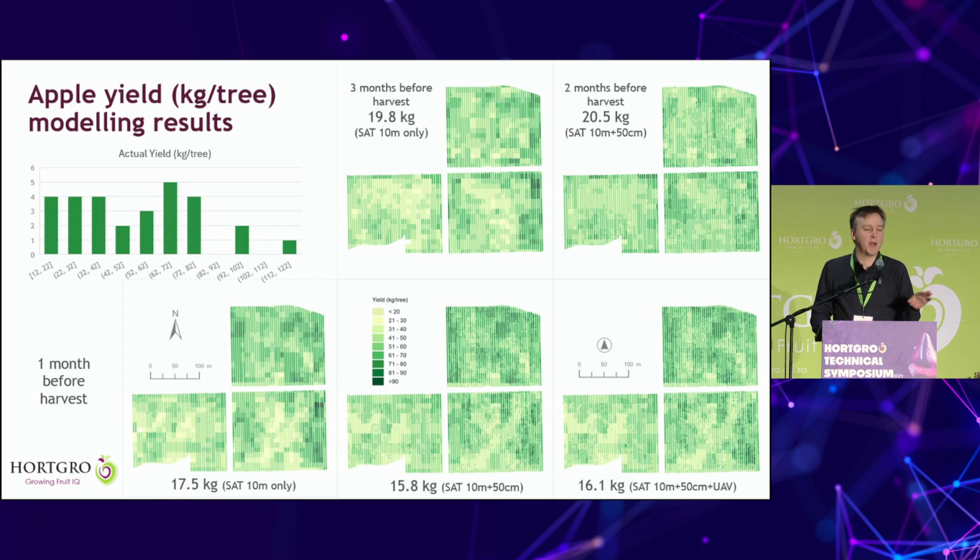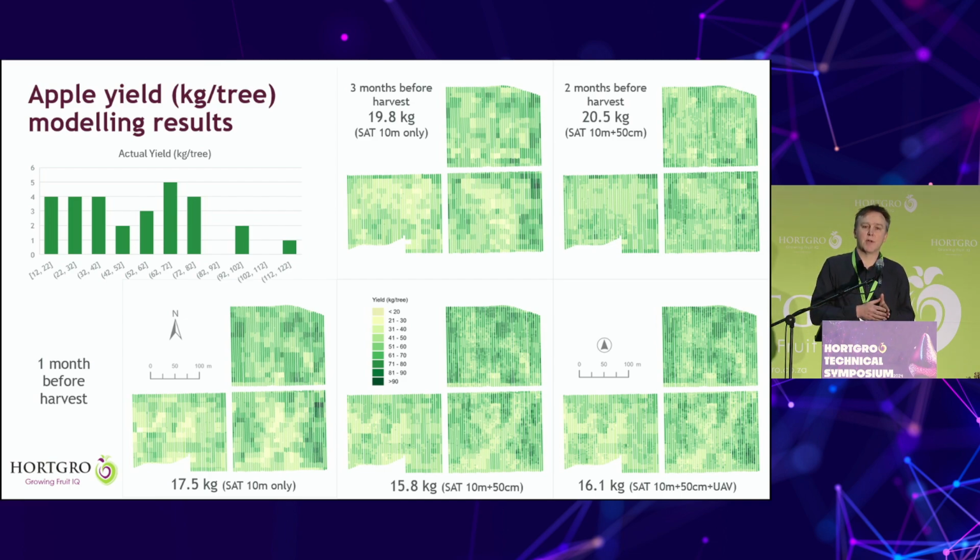And you can see the variation within those 3 orchards when you apply this model back to the satellite imagery. And the graph there just shows the actual yield variation of those 30 trees. So there was actually a very big difference in yield between these 30 trees.